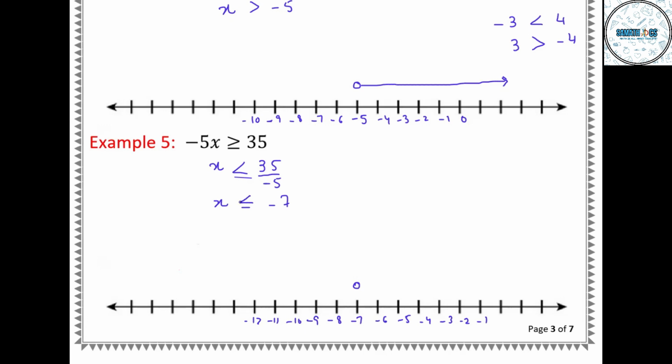And as you can see, this is less than or equal to, so the direction of the arrow would be towards left. So we will extend the line towards left. And as there is a less than or equal to sign, this circle is to be shaded because minus 7 is also included in the values of x. If it is only less than, then we don't have to shade this circle.